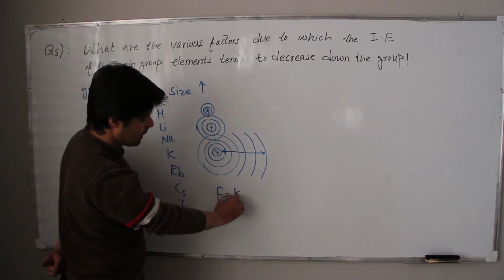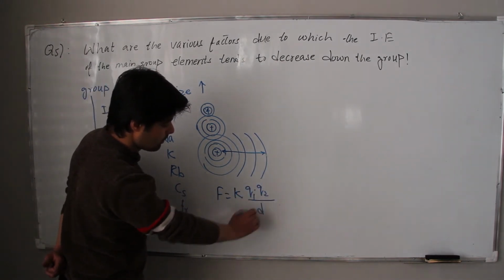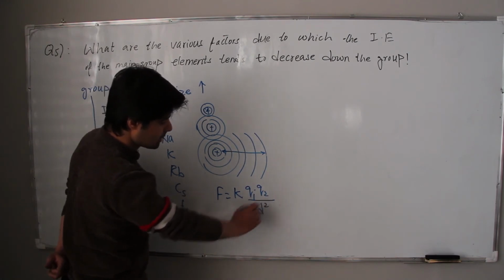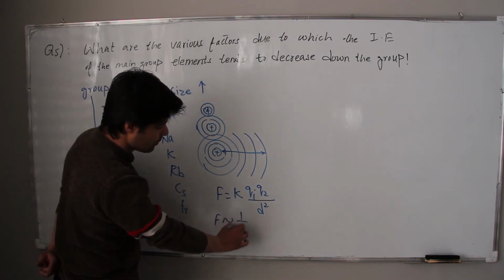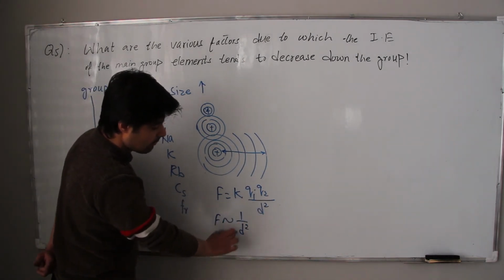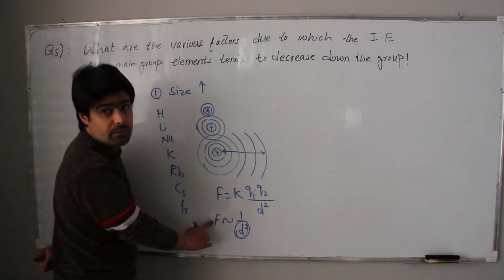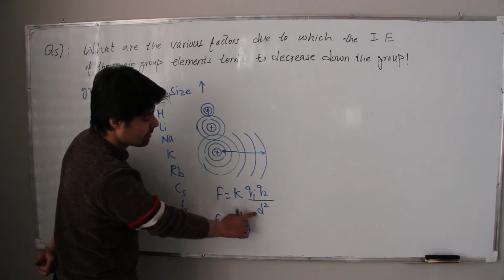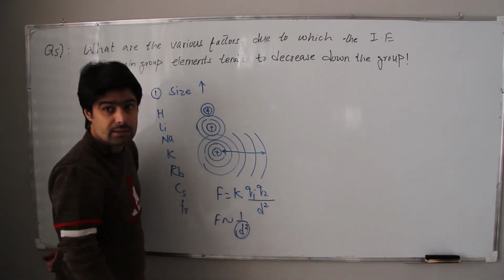F is equal to K Q1 Q2 upon D squared. It means F is inversely proportional to the square of D. If D is increasing, F is decreasing, because we have an inverse proportion between force and distance.